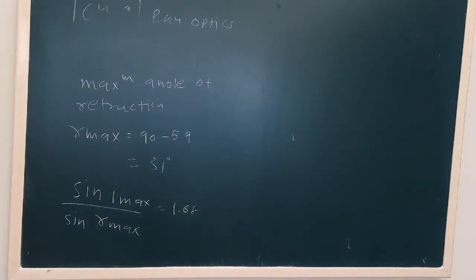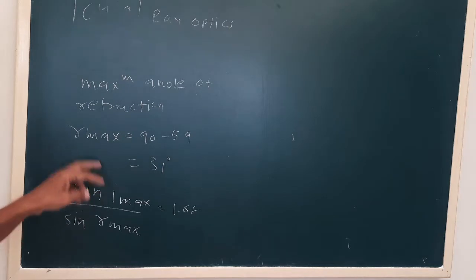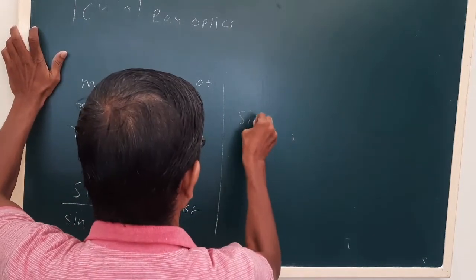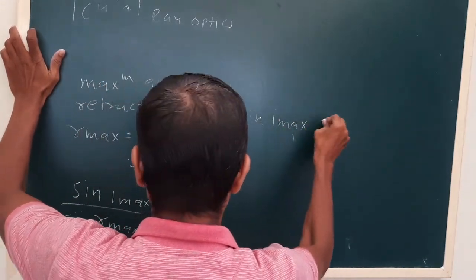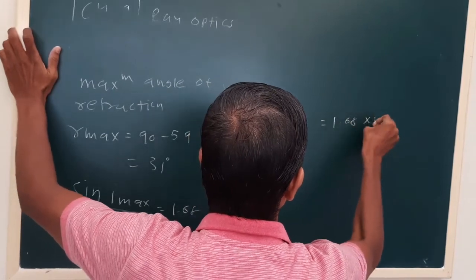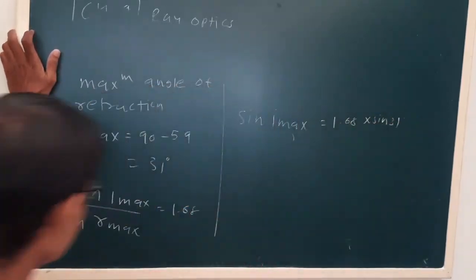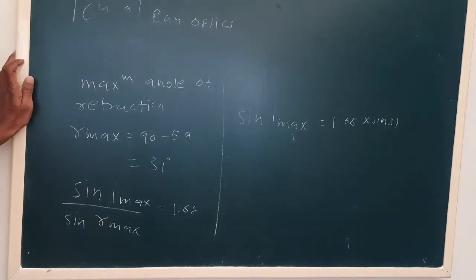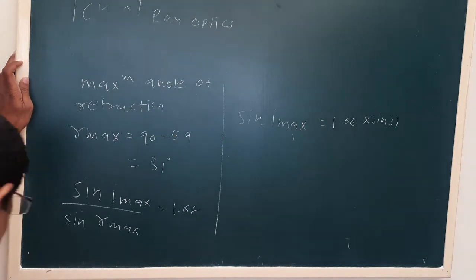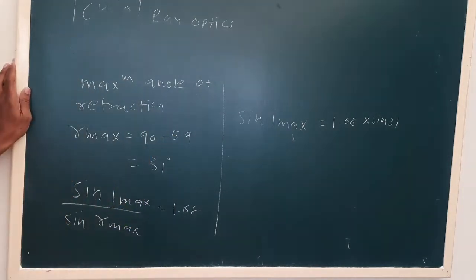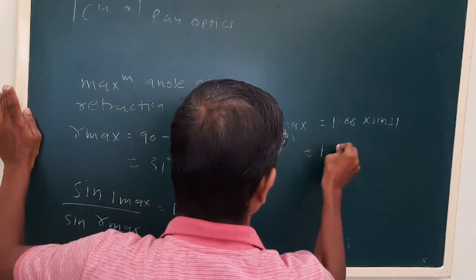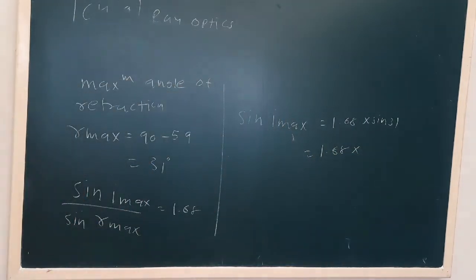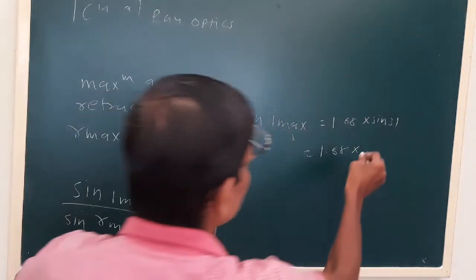R max we have obtained is 31 degrees. Now sine 31 we can see from the log table; that value is about 0.5150.